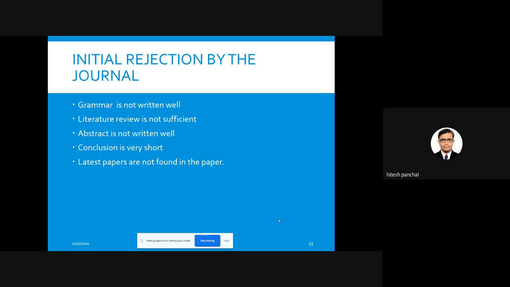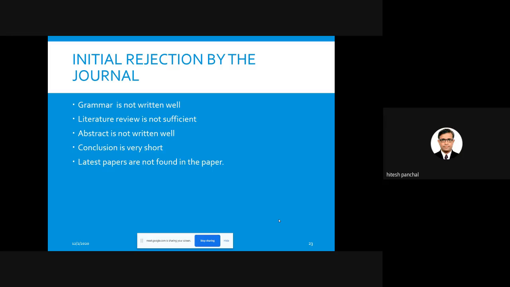Third one, your abstract. If your abstract is not written well, it is possible that your article will be rejected. When you write your abstract, I have already told you the method: starting from the introduction to the conclusion, you have to write all the points in the abstract. It is better if you write the abstract last.